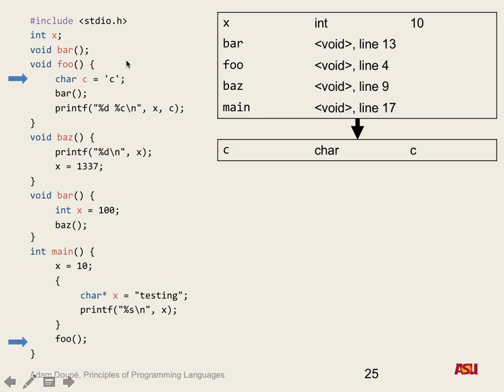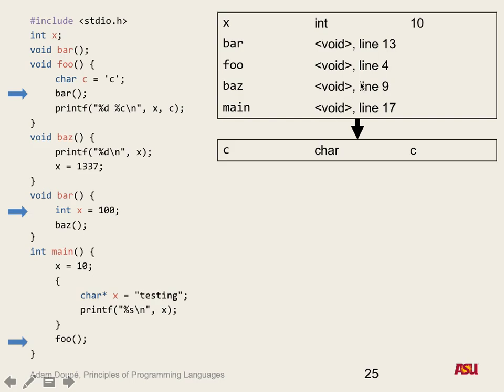And now I see here I'm declaring a new character C with the value C. Then I call bar, and I'm in bar. Did I enter a new scope? Yes. Did I get rid of foo's scope? No. Right? And can you see that the symbol table is mimicking the current call chain?